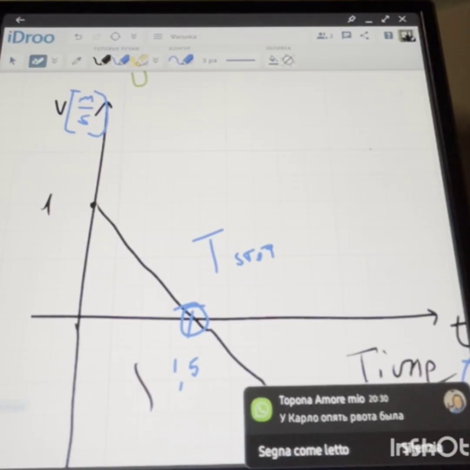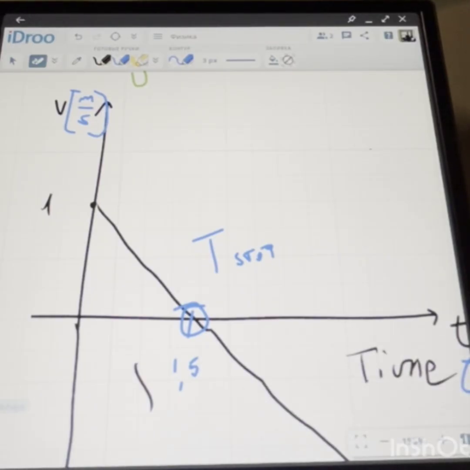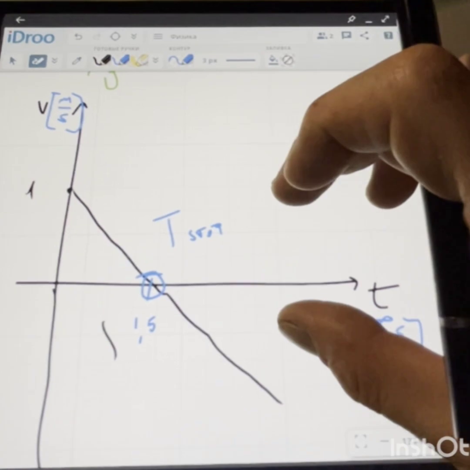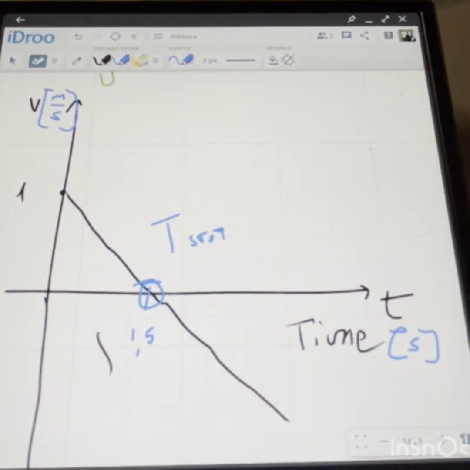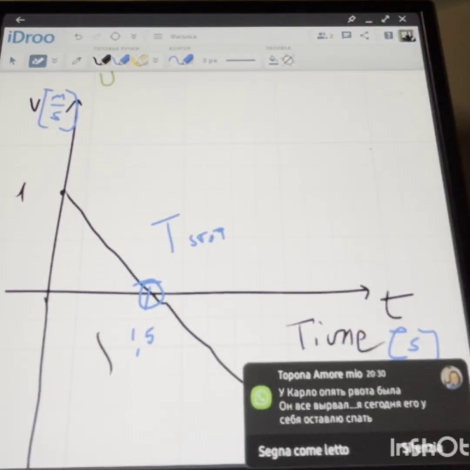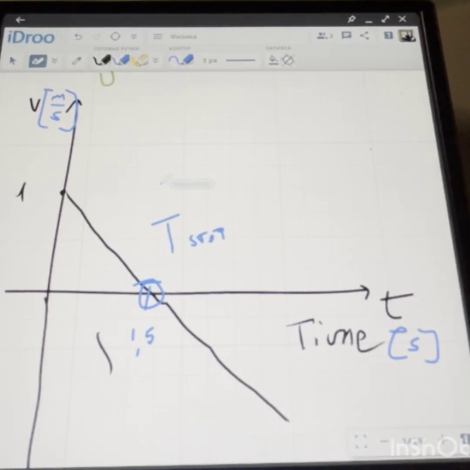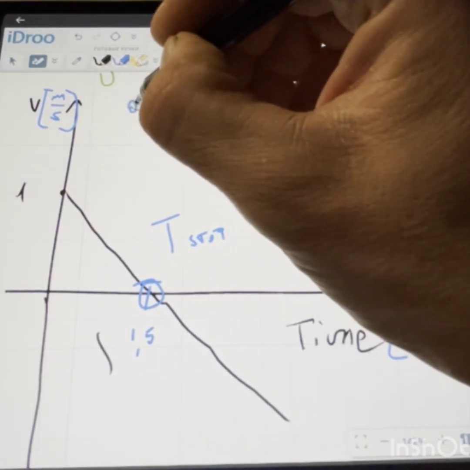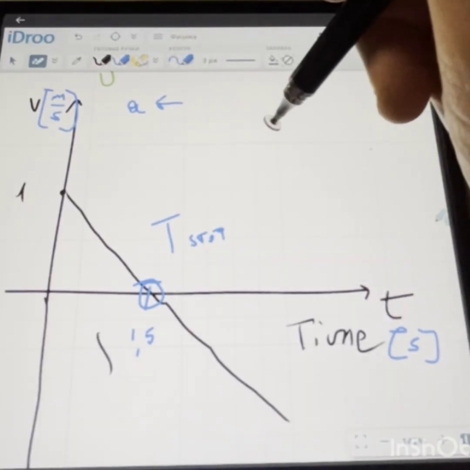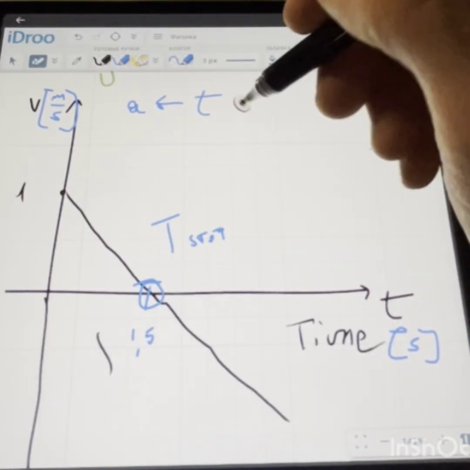Now, what is the acceleration of this thing in magnitude and direction? What do we need to find acceleration? Like how much it's slowing down. So the time, and what else?